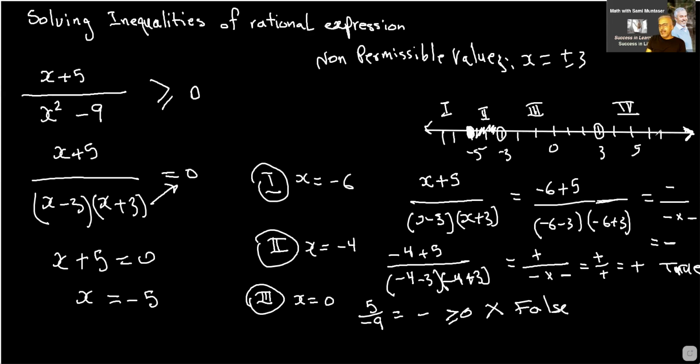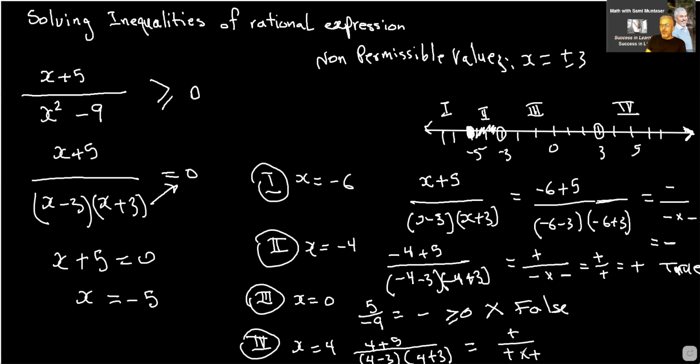Now let's test something in here. Next to 3, I'm going to test 4. So in region 4, I'm going to test 4. If I sub in 4 into this equation right here, 4 plus 5 all over 4 minus 3 and 4 plus 3, which gives me positive on top. 4 minus 3 is positive and 4 plus 3 is positive.